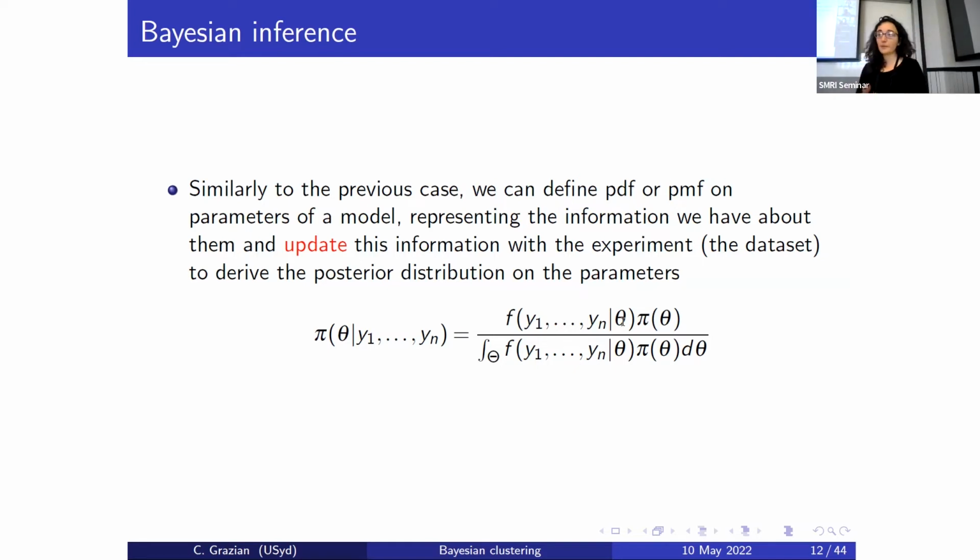And then any type of analysis is based on the description of the posterior distribution. PDF and PMF are probability density function and probability mass function. The way it's stated here is for continuous random variables, but it can be stated for discrete random variables as well.